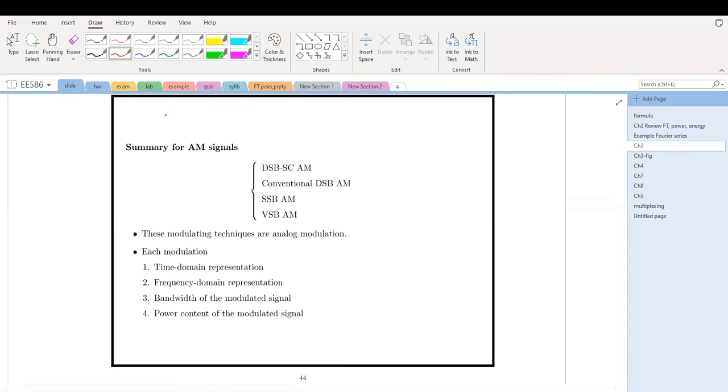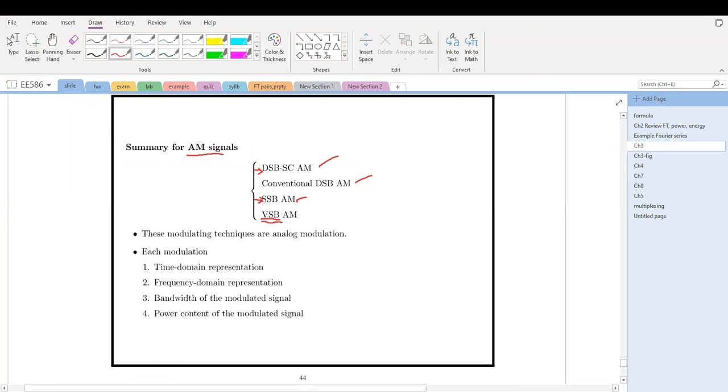So to summarize AM signals, we talk about DSB-SC signals, conventional AM, and SSB signals, single sideband. And VSB, that is the scheme used in television broadcasting systems. The bandwidth of VSB is in between single sideband and double sideband.